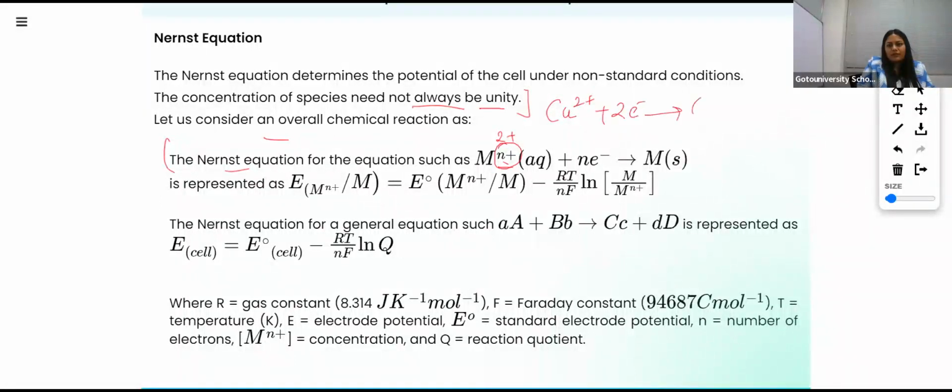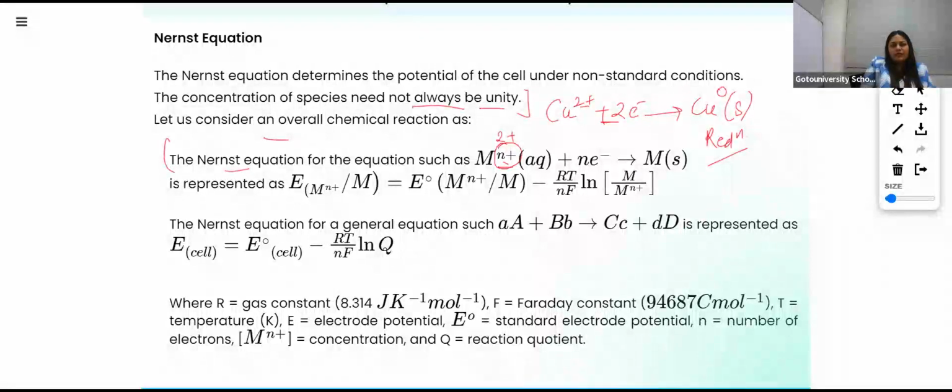What kind of reaction is this? Is this an oxidation reaction or a reduction reaction? As you can see here, the copper is gaining 2 electrons and attaining a stabilized, or neutral, state after the reaction. So this is an example of a reduction reaction.